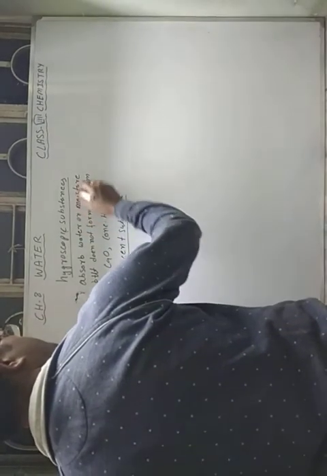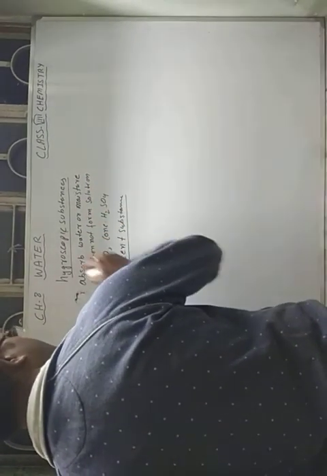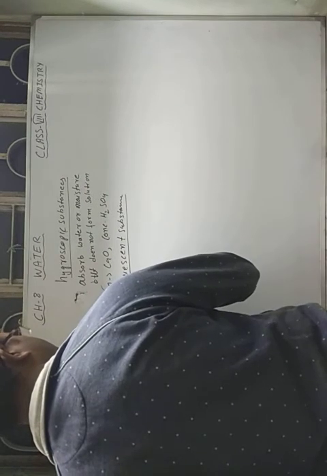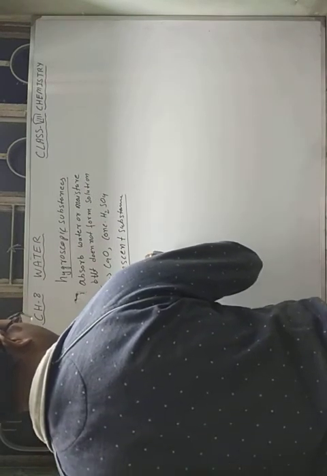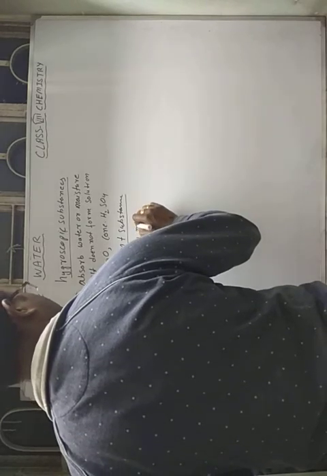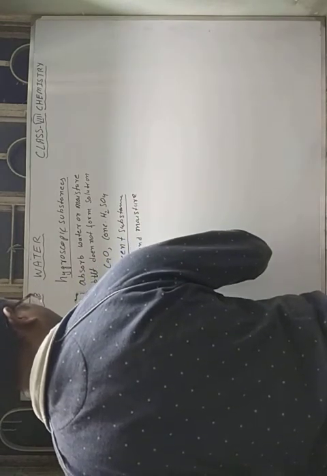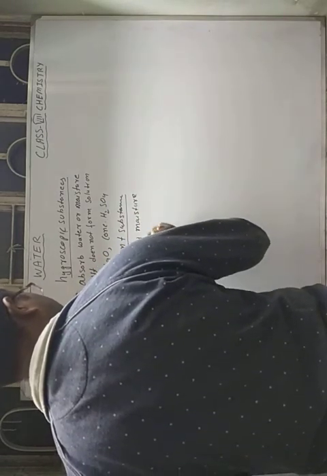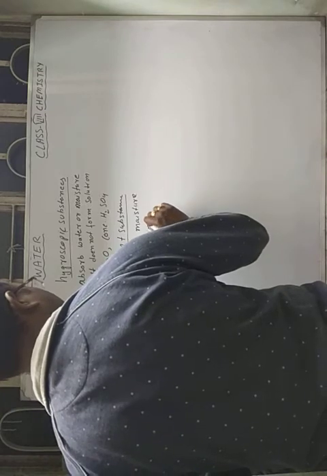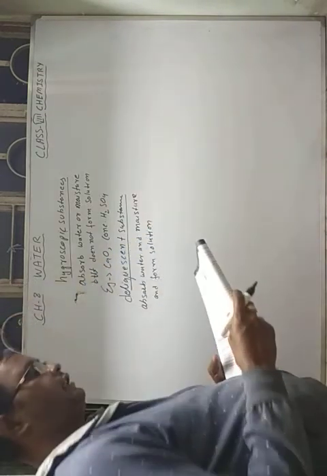That means hygroscopic substances absorb water or moisture but do not form solution, but here deliquescent substances absorb water and moisture, and side by side they form a solution. Then they are called deliquescent substances.